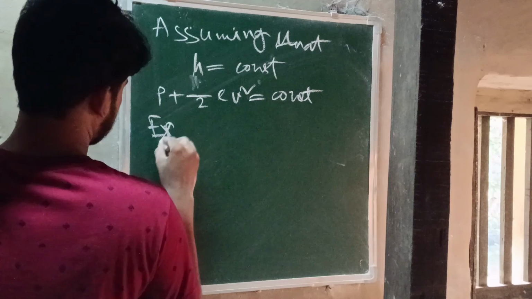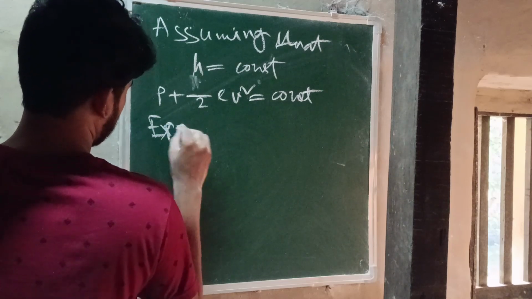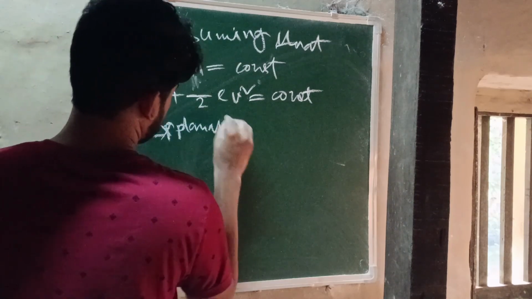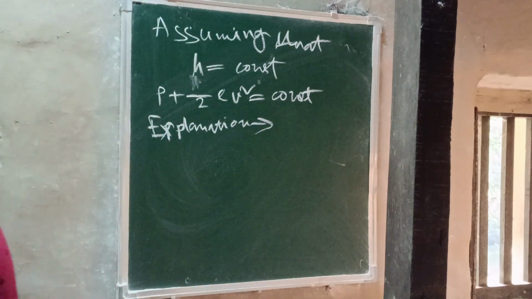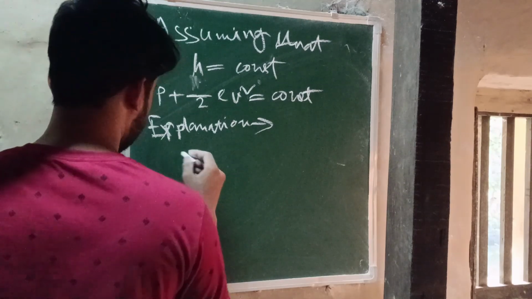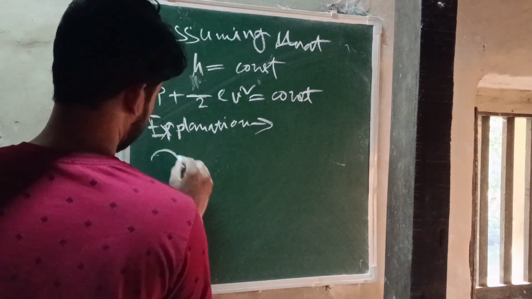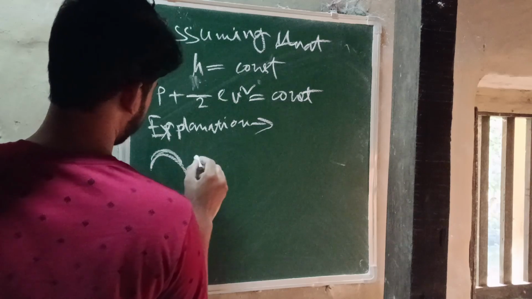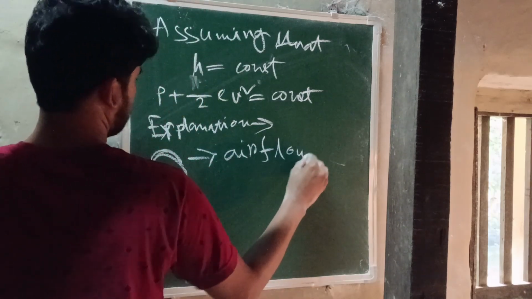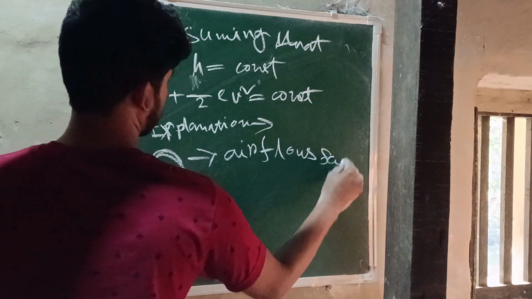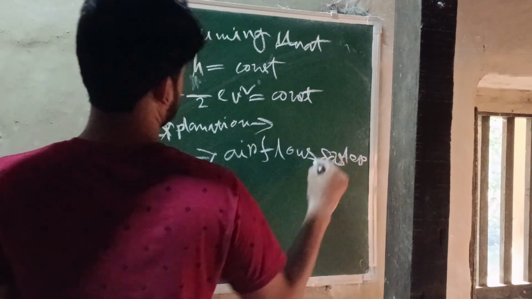Explanation of the equation. Over the curved upper surface of a wing, air flows faster.